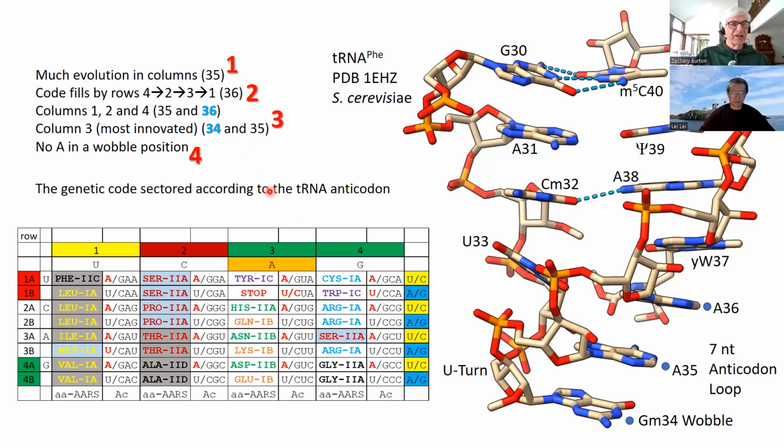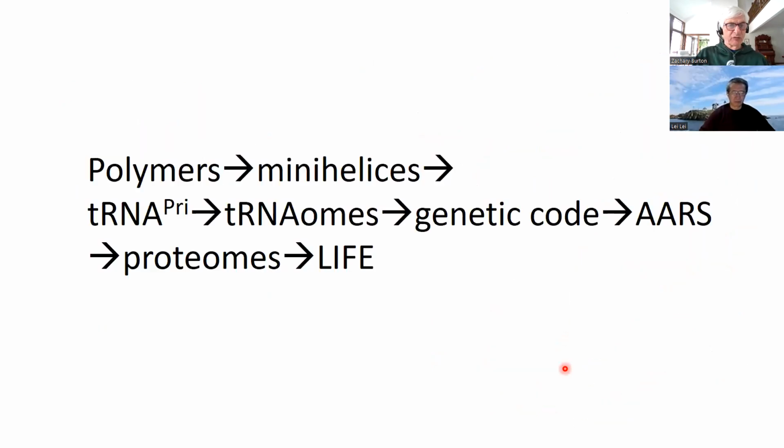Anyway, this is a discussion for another day, but I wanted to introduce it here to emphasize the importance of these 7 nucleotides. If you don't have those 7 nucleotides, you don't ever get a genetic code on Earth. So that's important.